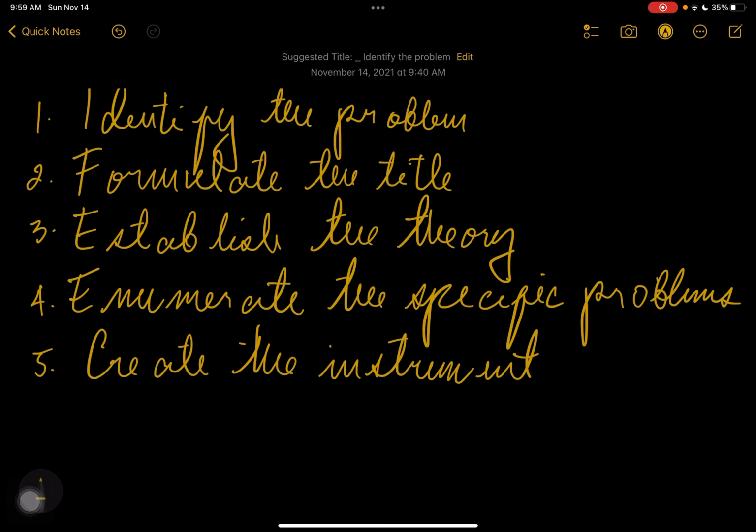Number 3, establish the theory or concept if you are using a concept for your research. Establishing the theory is establishing the foundation of your research, because the theory will be the basis for the variables that will be used in creating the next 2 elements, which are the specific problems and the research instrument.